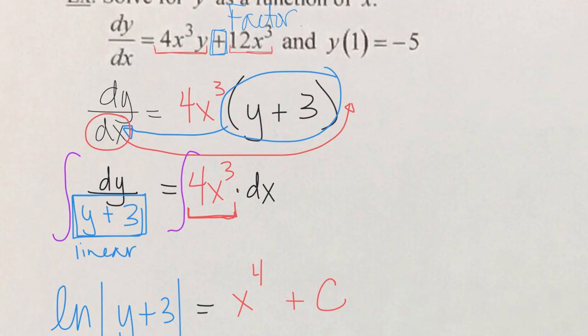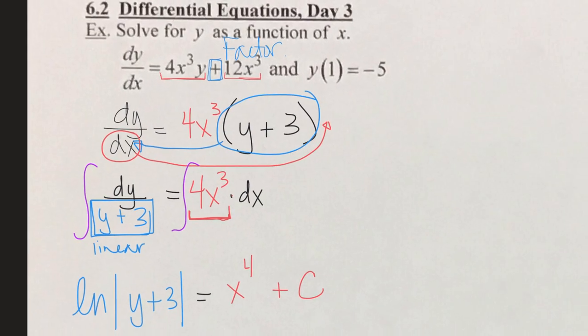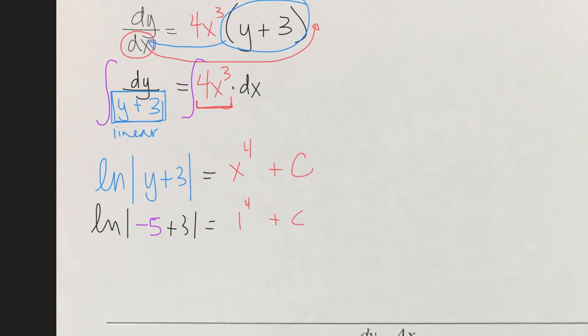Now we use our initial condition. We have an x value of 1, and we have a y value of minus 5. And 1 to the 4th is just 1. That's a pretty easy one. But this other side is going to be something else.